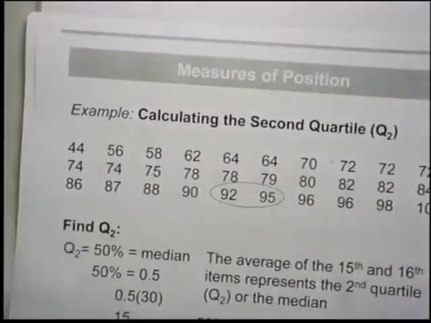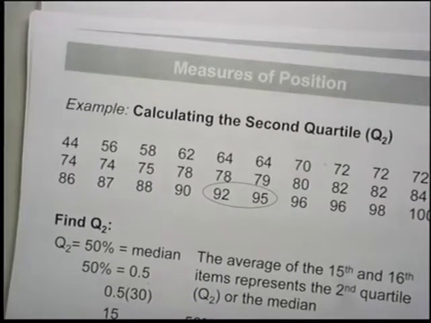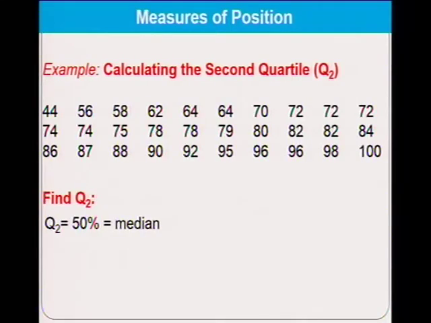Let's go and calculate the second quartile. Calculating the second quartile, we are using the same method. We know the second quartile is equal to the median, it's equal to 50% of our array of data.